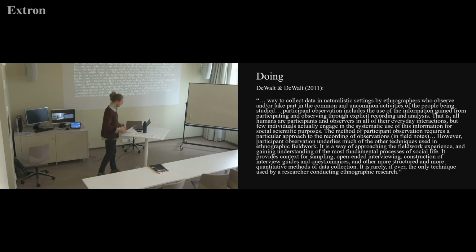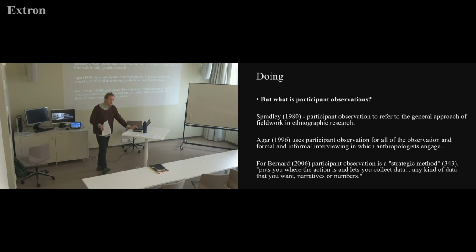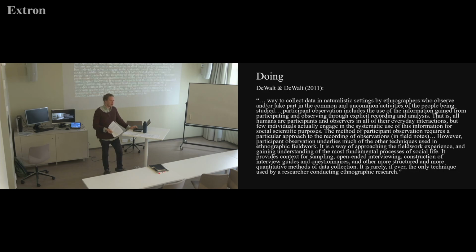So I'm going to quickly summarize an aspect that I really like from one of the readings that summarizes participant observation. A lot of previous texts seem to clump participant observation into a general method of ethnography. But DeWalt 2011 write really eloquently, I think: participant observation is a way to collect data in a naturalistic setting by ethnographers who observe or take part in the common and uncommon activities of people being studied.